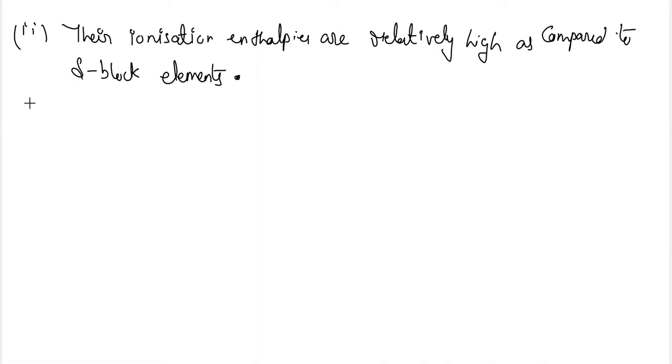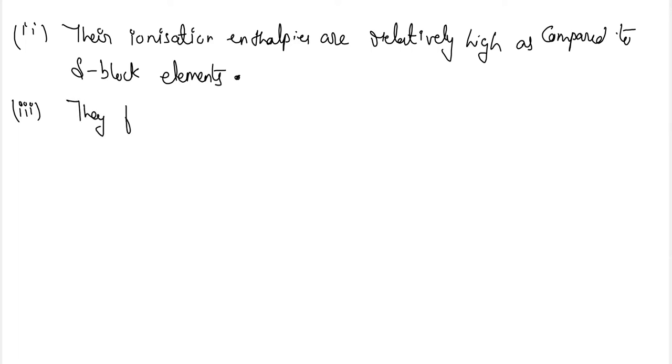They are having very high ionization enthalpy, and due to this reason they will possess very high electronegativity. Because the more the ionization enthalpy, the lower the chance of removal of electron from their outermost shell, and hence they will start to accept electrons in their outermost shell, and they will show higher electronegativity.